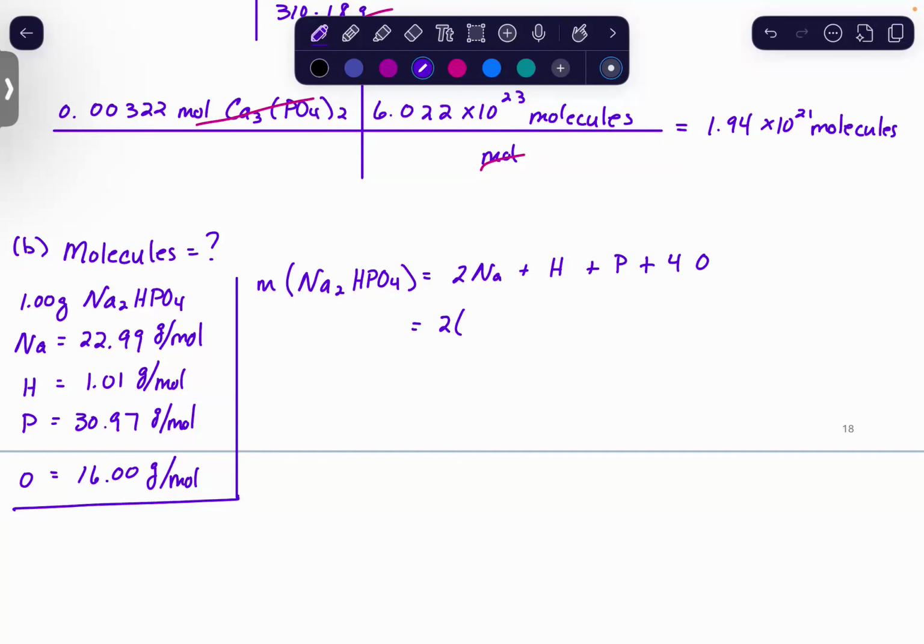That'll be 2 times 22.99 plus hydrogen's 1.01 plus phosphorus 30.97 plus 4 oxygen 16.00. The mass of sodium hydrogen phosphate comes out to be 141.96 grams per mole.